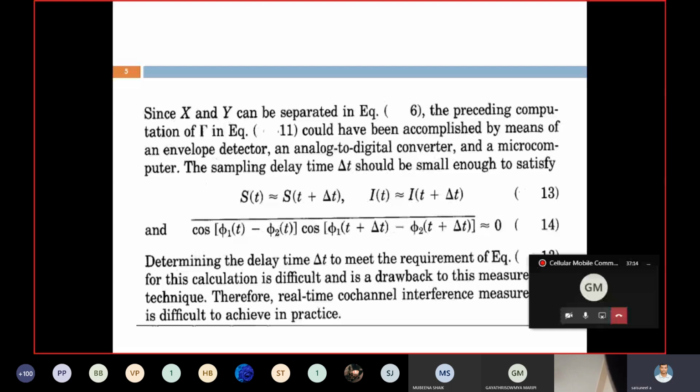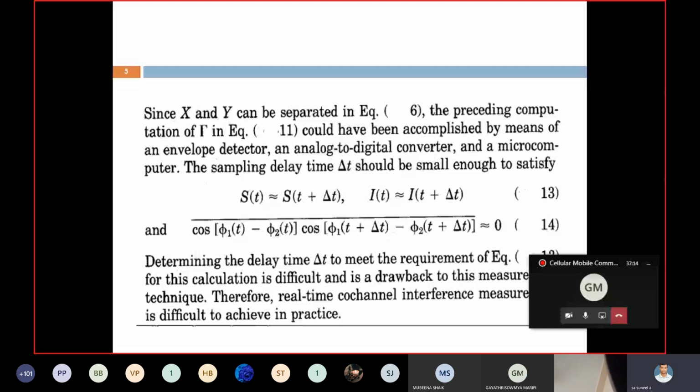That's why the original s of t becomes s of t plus delta t. First we add the delay: s of t plus delta t, I of t plus delta t, and cos of phi 1 of t plus delta t minus cos of phi 2 of t plus delta t is equal to 0.